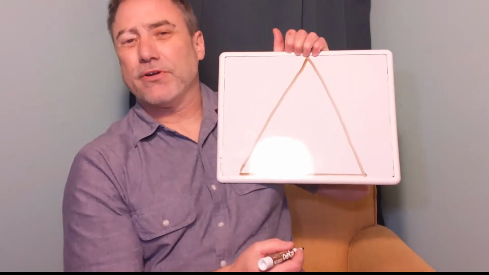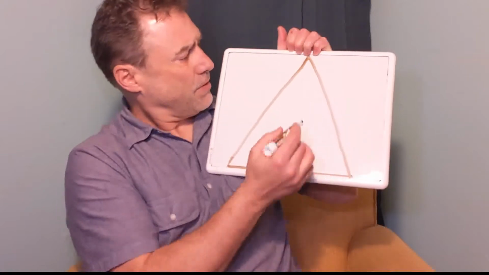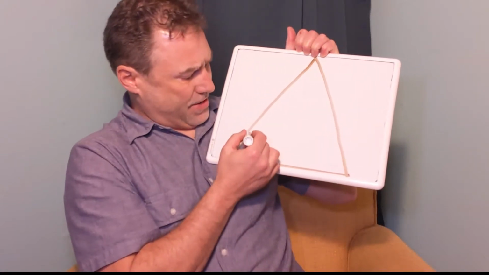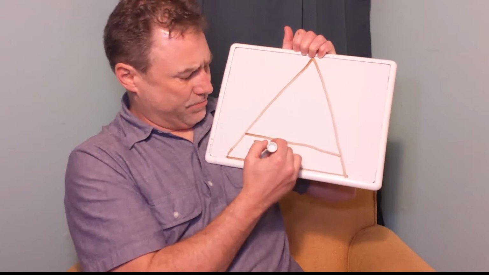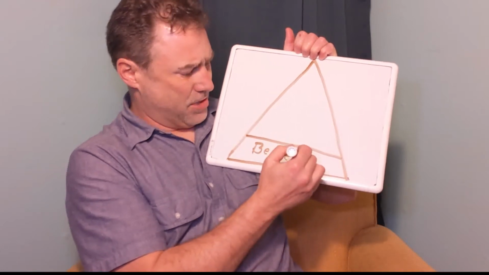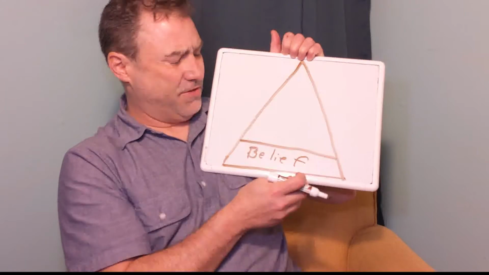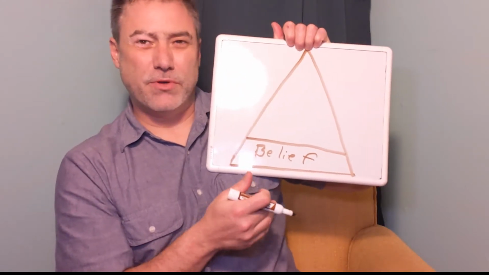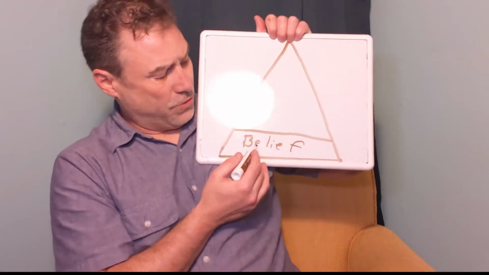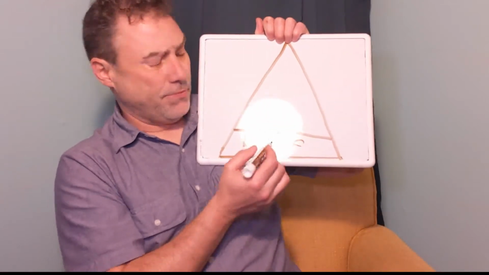This is our iceberg here. On the very bottom of the iceberg, we have the belief level. In CBT, one of the things that we're trying to discover most about ourselves is where do we get our beliefs from?